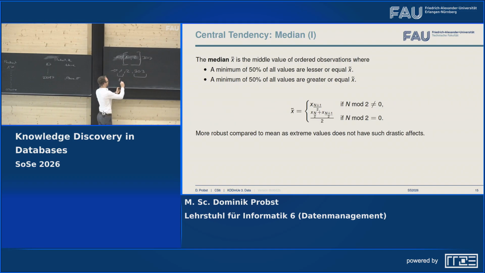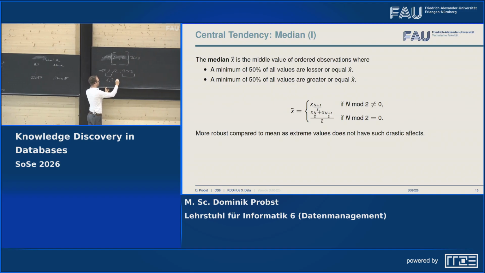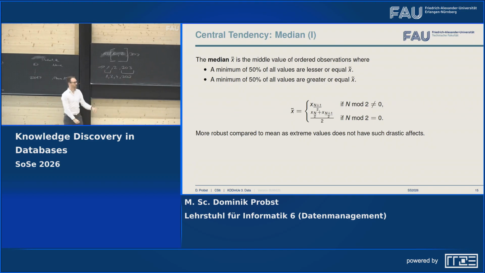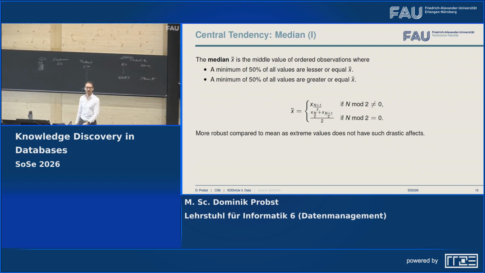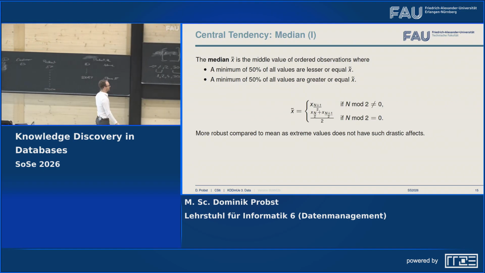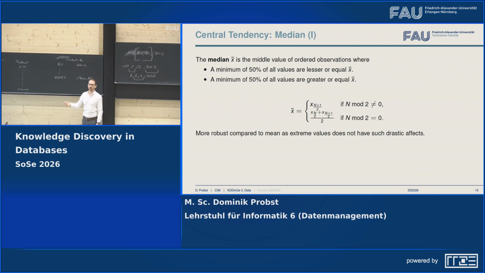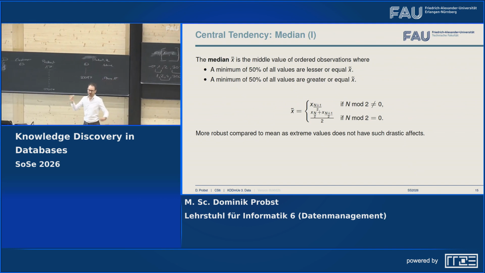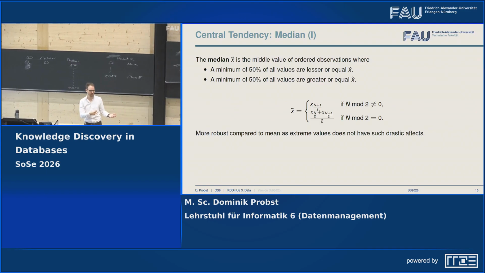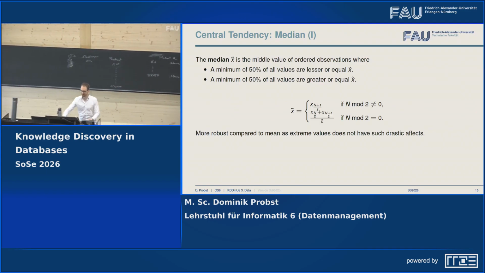So if you have 1, 2, 4, and 303, what's the median in here? 3. Exactly. Because now we have to take a look at the 2 values in the middle and then calculate the mean of these 2 values, or the average of these 2 values. That's what is defined in the row here. If we have an even number of values, then we add up the 2 values in the middle and calculate the average of both.